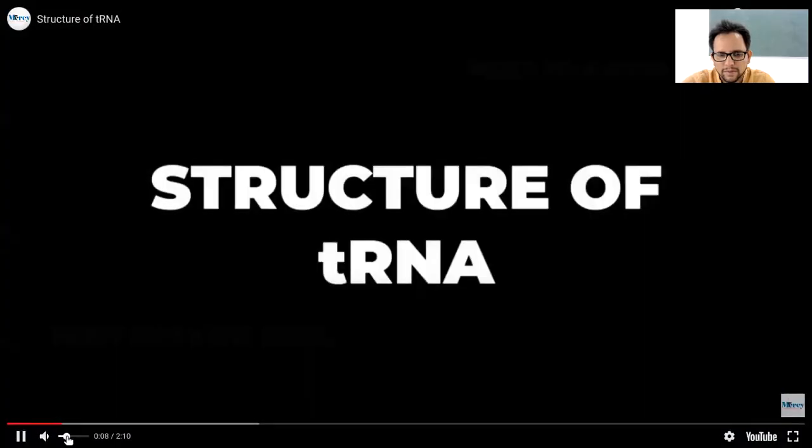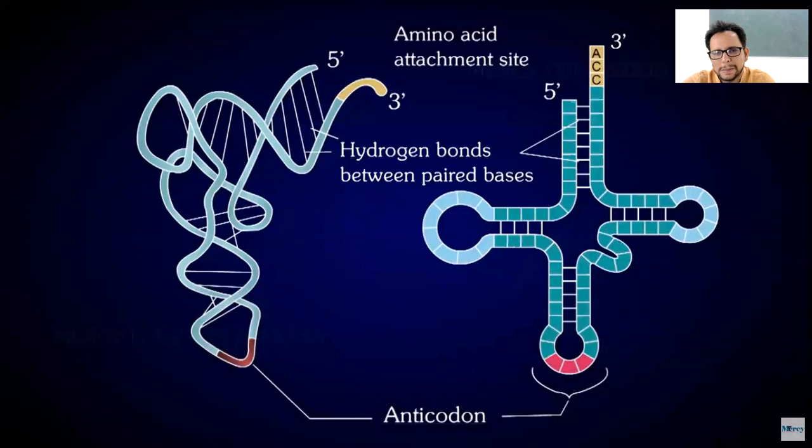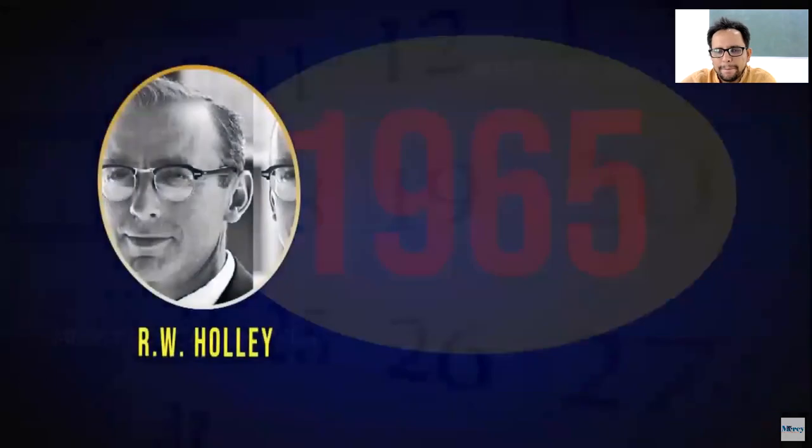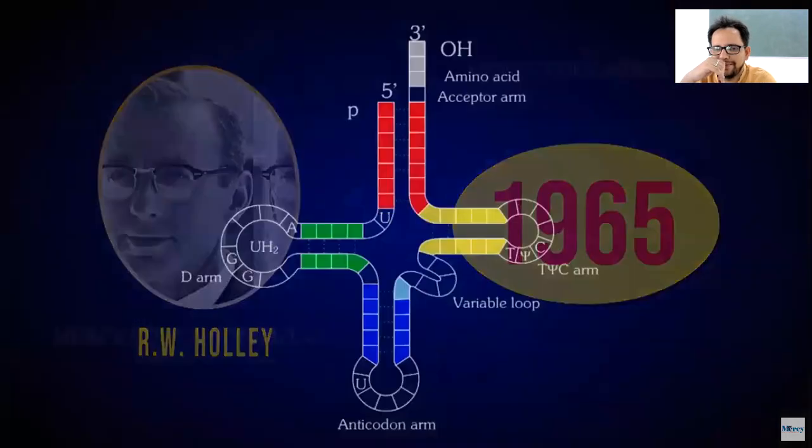Describe the structure of tRNA. The tRNA has a clover leaf-like structure. It is synthesized in the nucleus on a small part of DNA. In 1965, R.W. Holley suggested the cloverleaf model of tRNA.